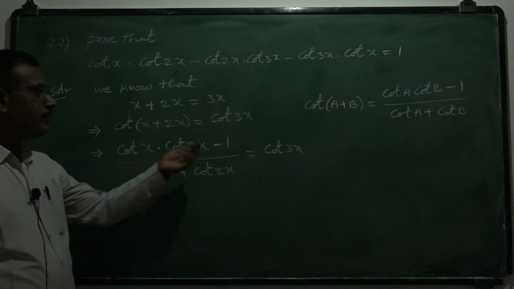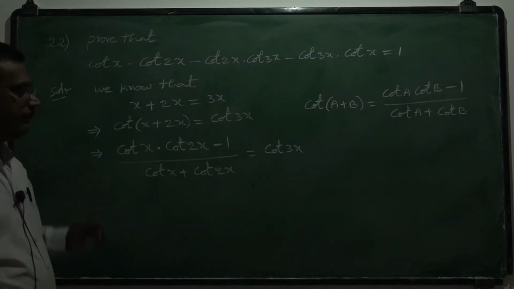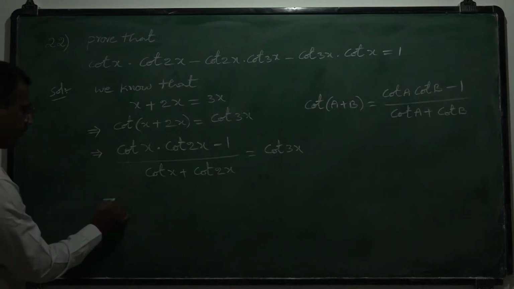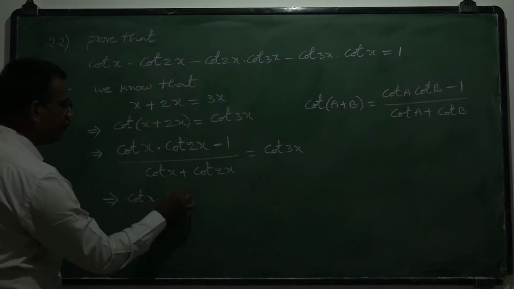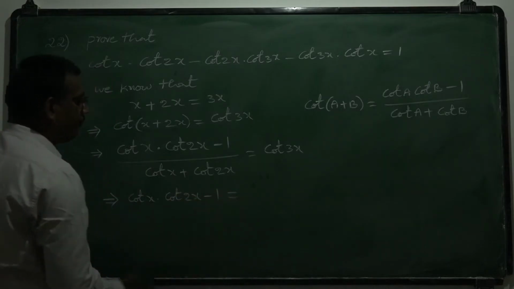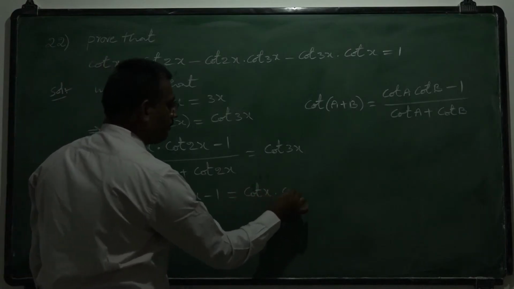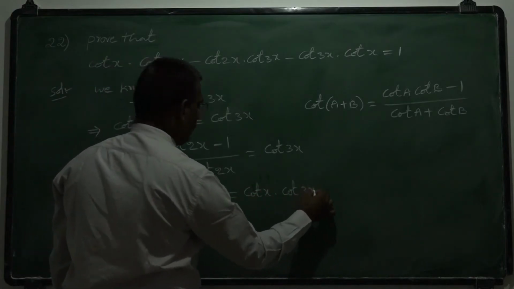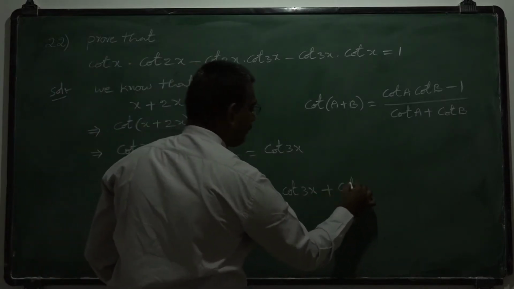Now by cross multiplication, cot x into cot 2x minus 1 is equal to cot x into cot 3x plus cot 2x into cot 3x.